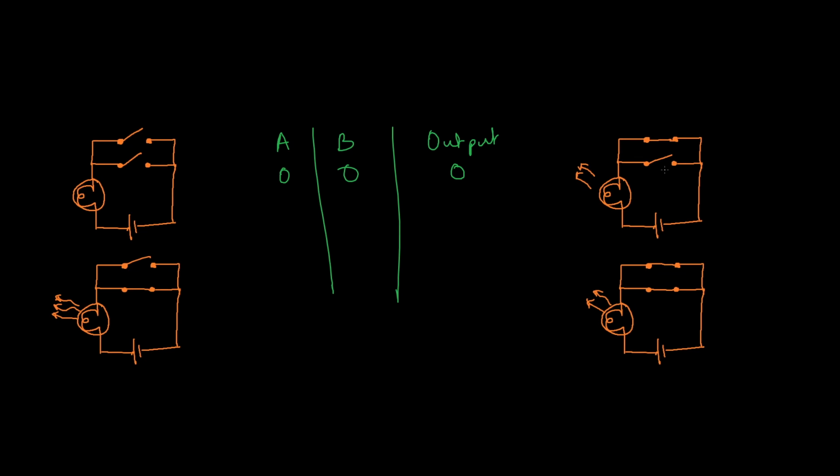But as soon as I switch on just one of these switches, but keep the other one switched off, the circuit is now complete. So the bulb starts glowing. If I switch on the other one and keep the first one switched off, the bulb still glows because the circuit is complete this way. And of course, if I switch on both of them, the circuit is clearly complete. So the bulb is on.